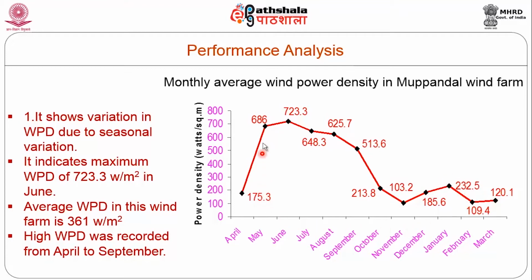So from May to August it is quite good in Tamil Nadu weather condition, and particularly the Muppandal meteorological data represents this kind of performance. It is always better from May to August. After that, it could not generate much because of the less wind velocity in that region.